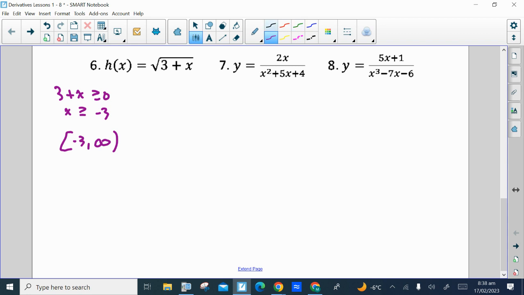Number 7, we're back to a denominator, and the denominator cannot equal 0, so x squared plus 5x plus 4 cannot equal 0. And so we need to find out where it does equal 0, and we can do that by factoring. The factors here are x plus 1, x plus 4.